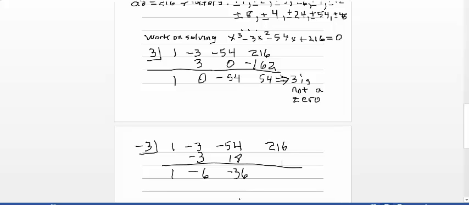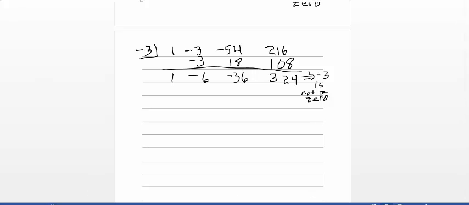When I multiply that by negative 3, I'm going to get a positive number. Technically, I could stop because I can see that the remainder is not going to be 0. But let's go ahead and do this product, which gives me a positive 108, and I add that to 216 and get 324. So my remainder isn't 0, so negative 3 is not a 0 of the polynomial.